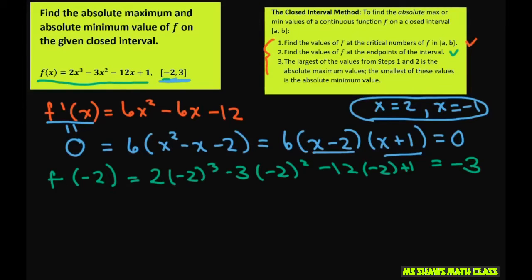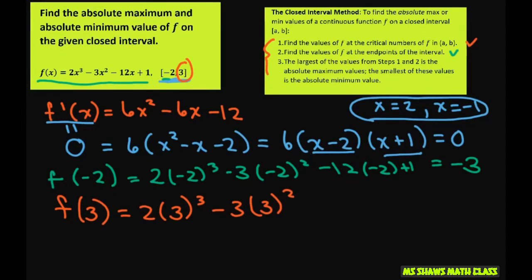All right, and then let's do f of 3. So f of 3 equals 2 times 3 cubed minus 3 times 3 squared minus 12 times 3 plus 1. So f of 3 is going to be -8.